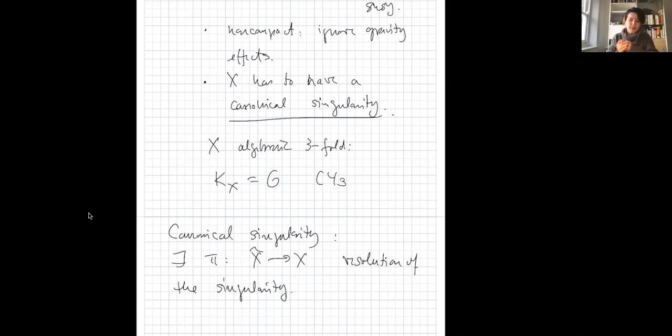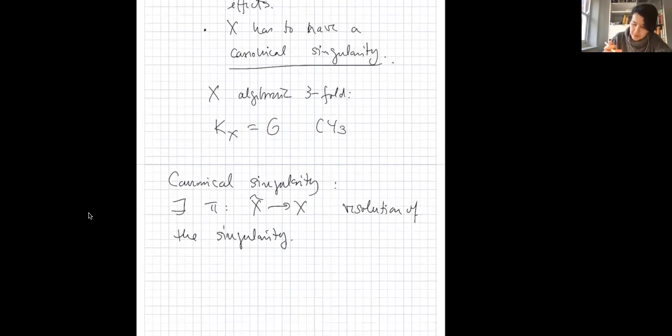Think of the conifold, that's actually a particularly special case, but think of the conifold, you can find a small resolution and remove the singularity. And you want from this that, in fact, you want a resolution of the singularity so X tilde is smooth.